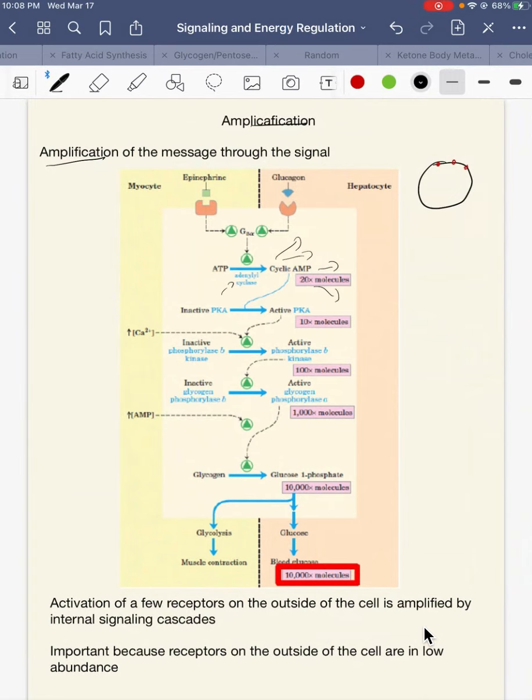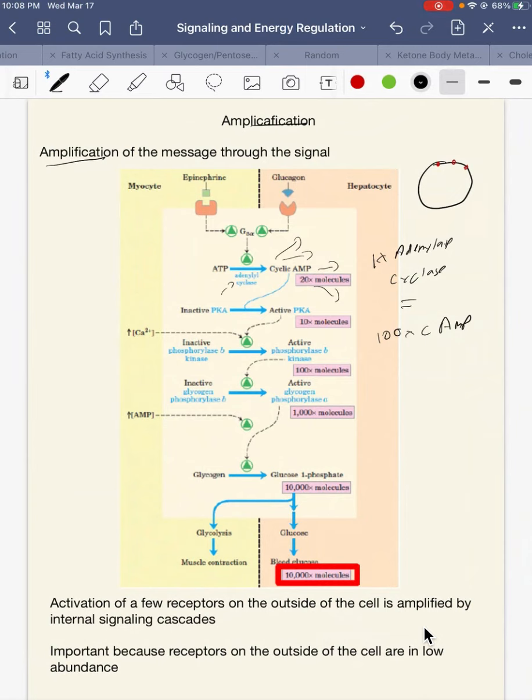So for one adenylate cyclase, we get like 100 cyclic AMPs. Okay, so we're able to amplify the signal.